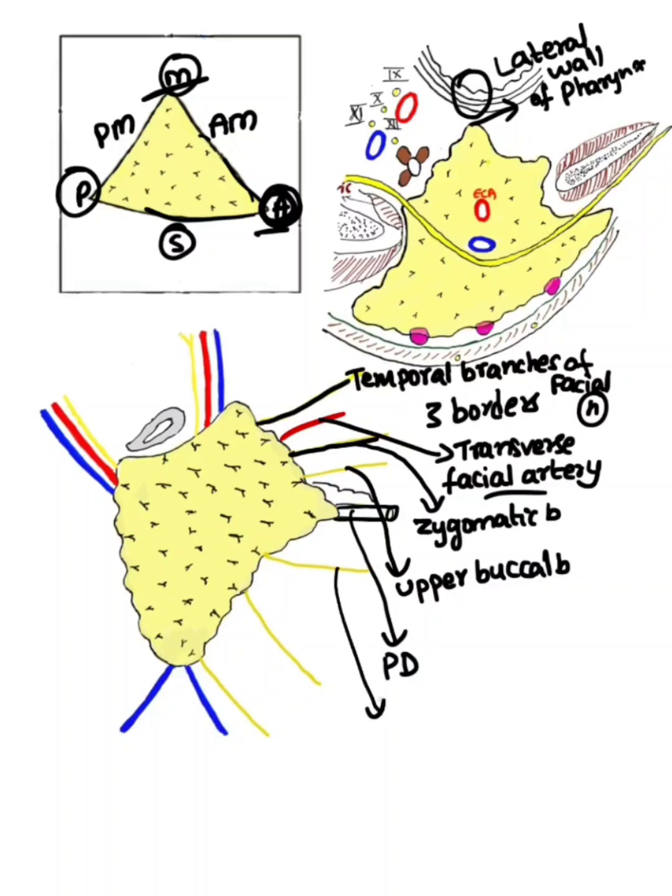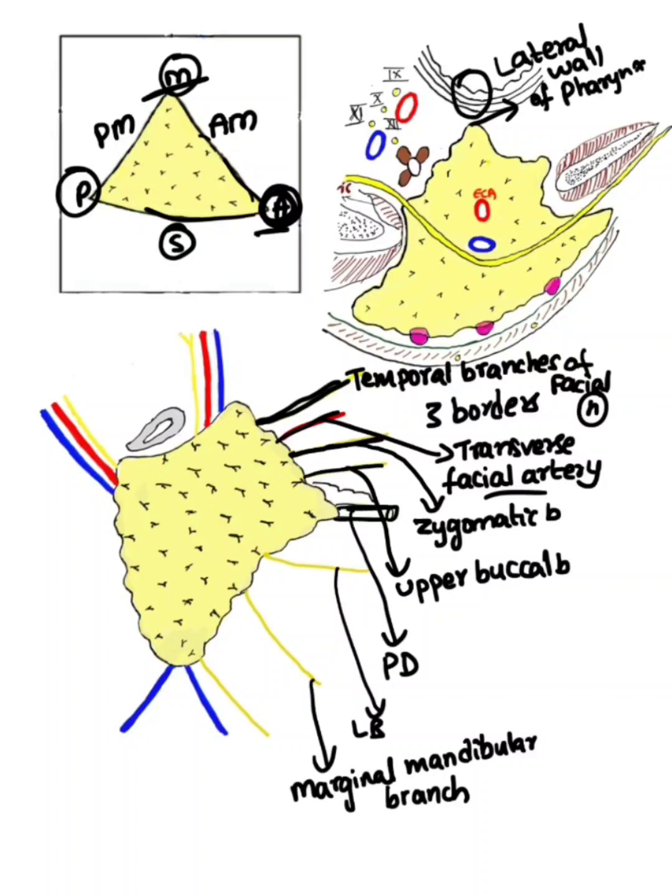Next, lower buccal. Next, marginal mandibular branch. So the structures emerging through the anterior border from above downwards include temporal branch of facial nerve, transverse facial artery, zygomatic branch, upper buccal branch, parotid duct, lower buccal branch, marginal mandibular branch.